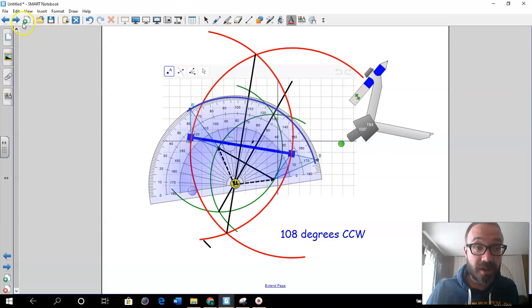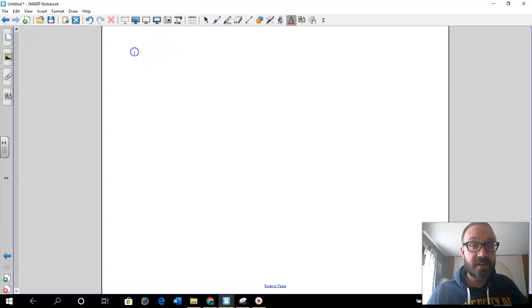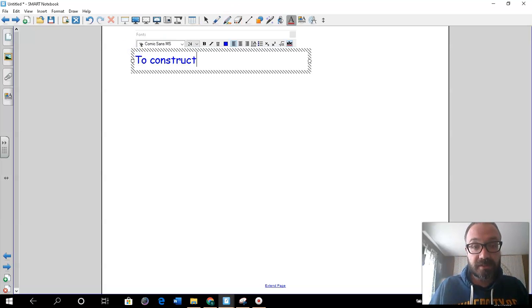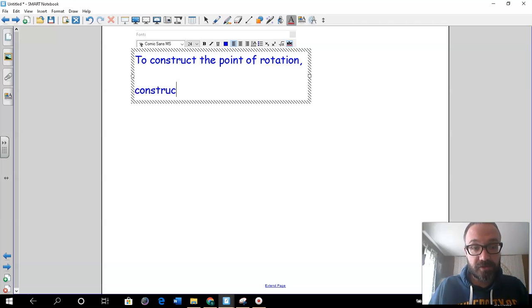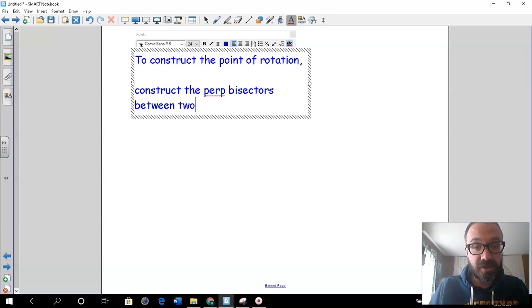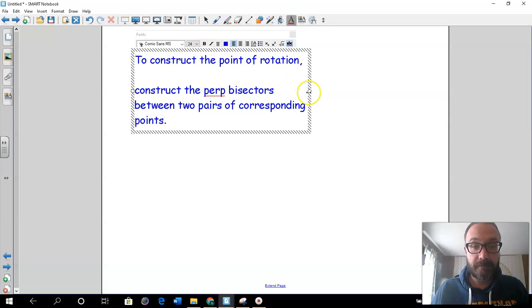So to construct the point of rotation, construct the perpendicular bisectors between two pairs of corresponding points.